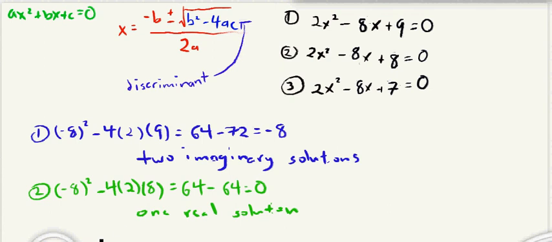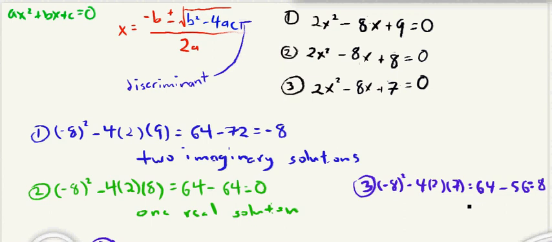We're going to plug in b squared, so that's negative 8 squared, minus 4 times 2 times 7, and that's going to give us 64 minus, 4 times 2 is 8, and 8 times 7 is 56. So we're going to get 64 minus 56, which is going to give us a positive 8.